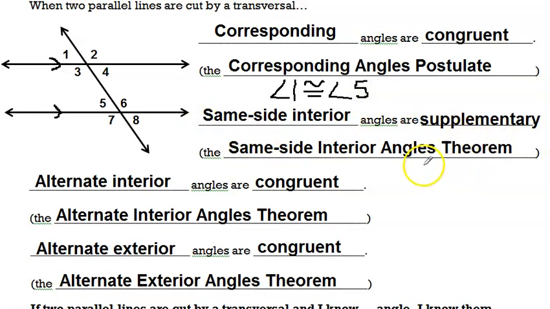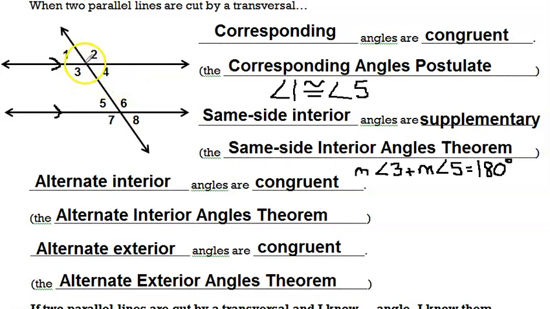So, if you're dealing with something like angle 3 and angle 5, you can't say they are congruent to each other, but you could say that the measure of angle 3 plus the measure of angle 5 would equal 180 degrees. So you can't say they're congruent, but you can at least go that far.